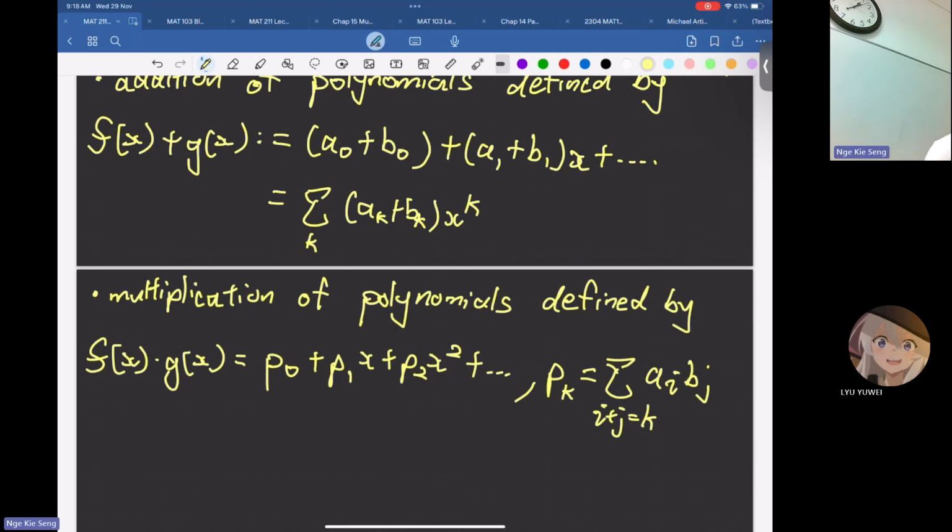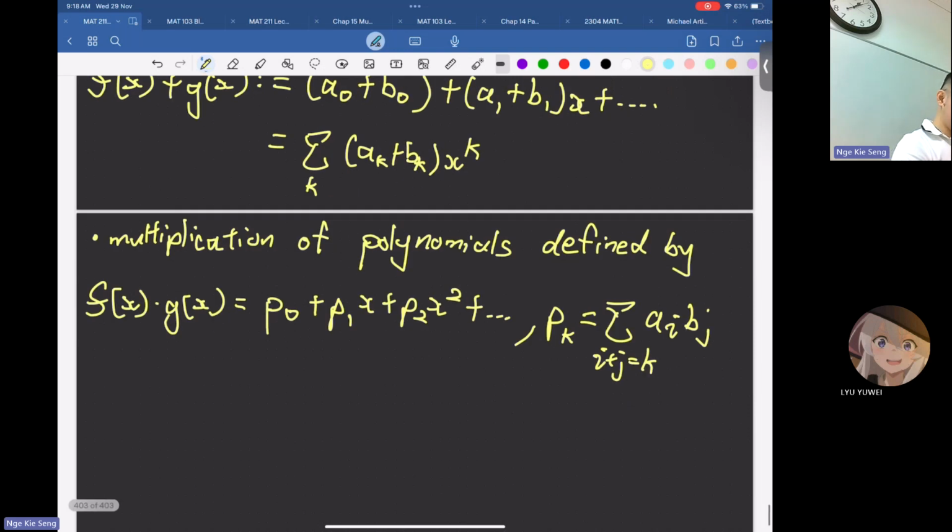Does it make sense, with this formula here? For example, p_0 is a_0 times b_0. What is p_1? Maybe you take the constant from the first polynomial and multiply with the coefficient of x, the linear term, from the second polynomial.